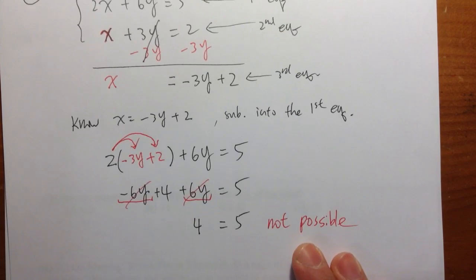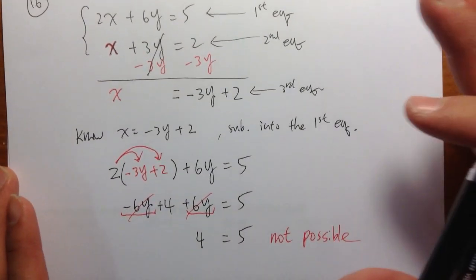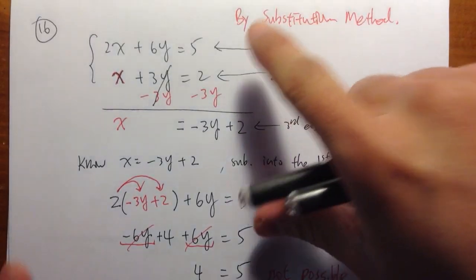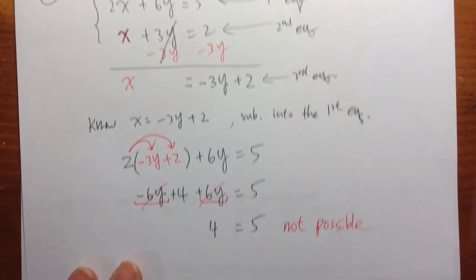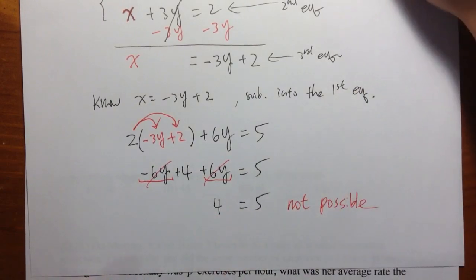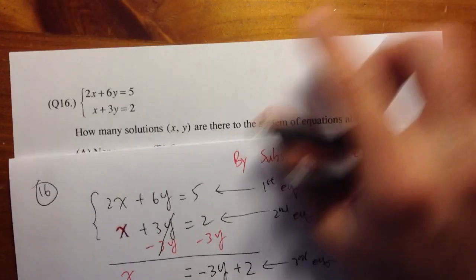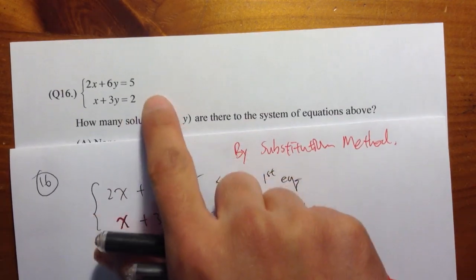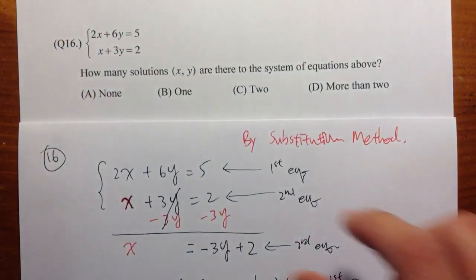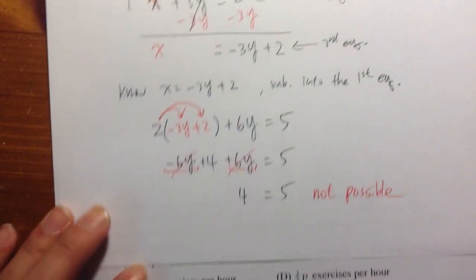So what does this mean? It's not like we added or subtracted something wrong. When you see something that's not possible at the end, this means the original system of equations has no solutions.